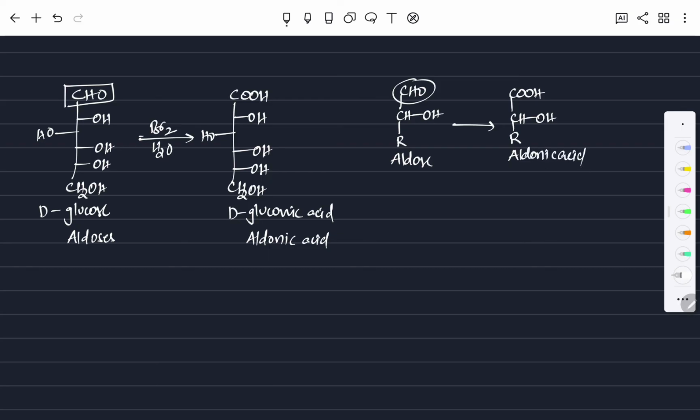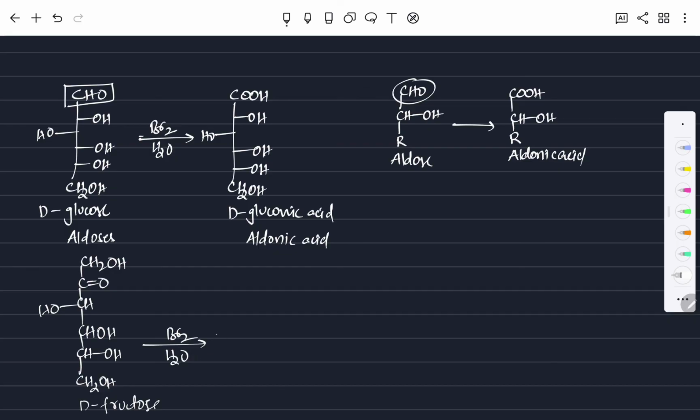Suppose fructose, it is the structure of fructose, D-fructose.